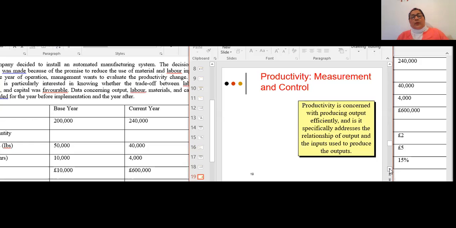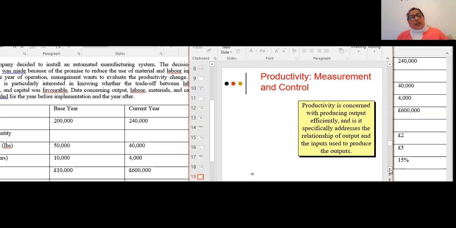What we used to do is have a number of inputs, material, labor, something like energy, to produce the output. We used to add all the inputs together and then link them to the output.